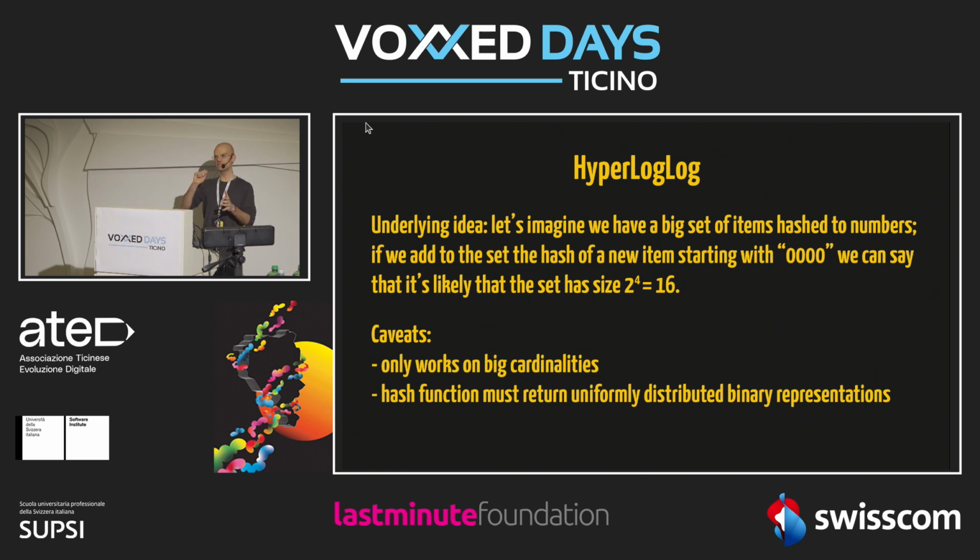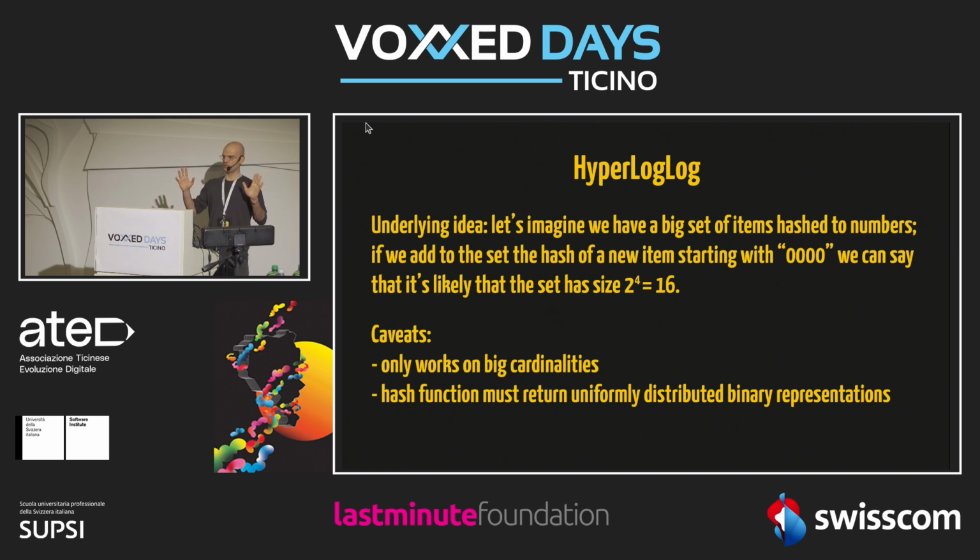When we insert a new item, we get the number associated by the hash, and if it starts with, for example, 4 zeros, then we can say that it's likely that the set has a size of 2 to the 4th, as we saw before.